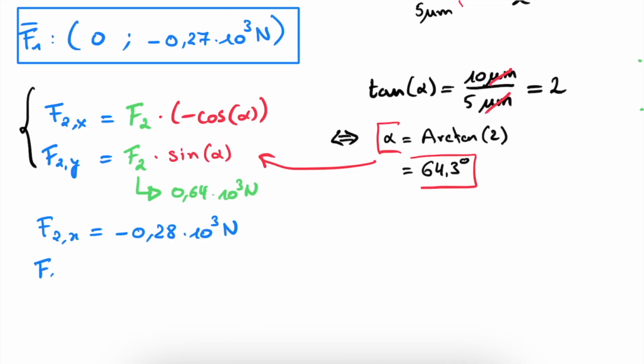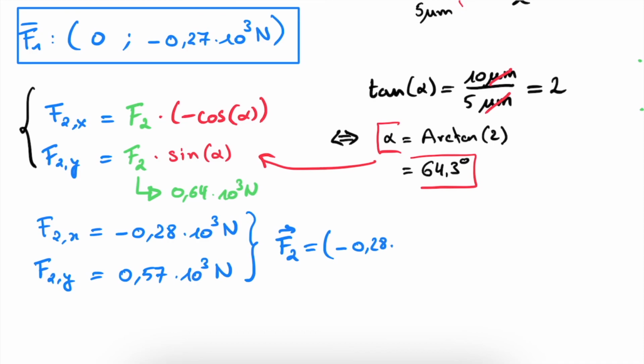Likewise, the y component simply becomes equal to 0.57 times 10 to the power of 3 Newton. And this directly gives us the full information of the vector F2, which we are looking for. For the x component, we have minus 0.28 times 10 to the power of 3. And for the y component, we have 0.57 times 10 to the power of 3. And our units are, of course, Newton.